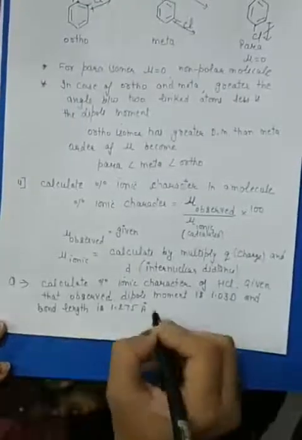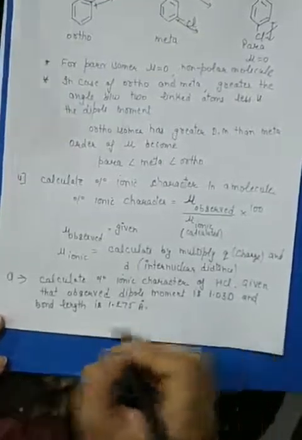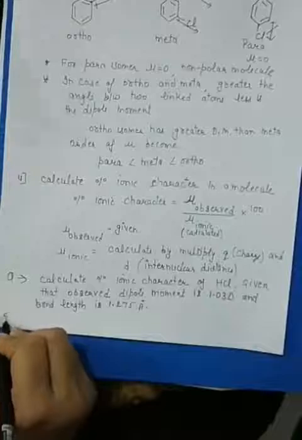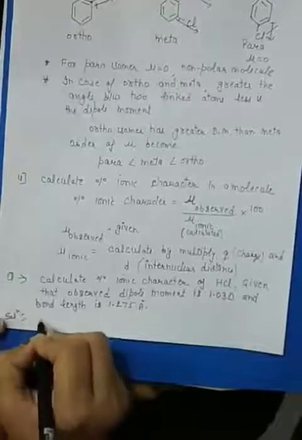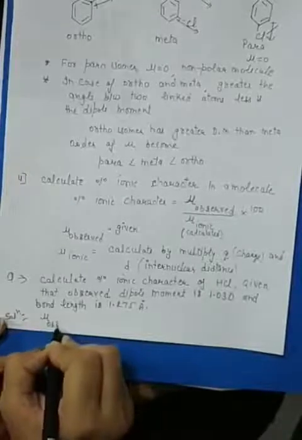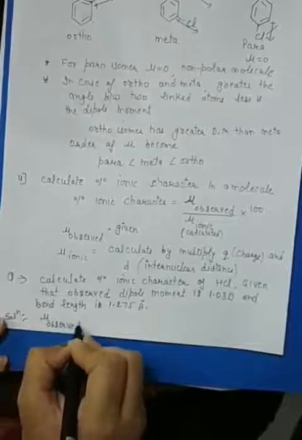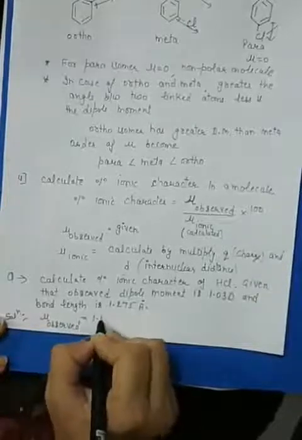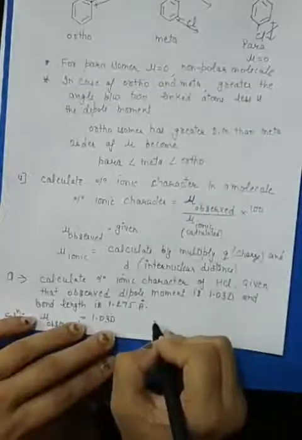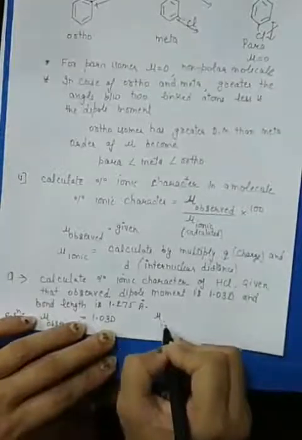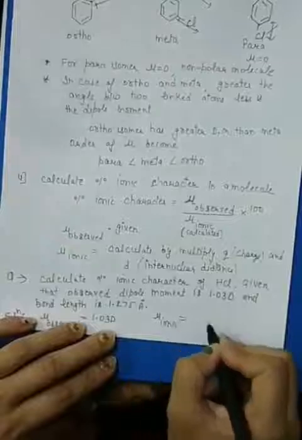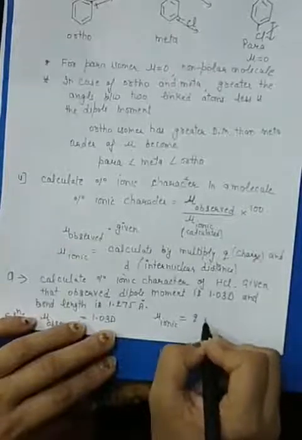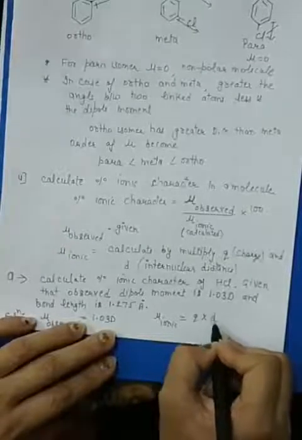So for this, mu observed is 1.03 D, and mu ionic is Q multiplied by d.